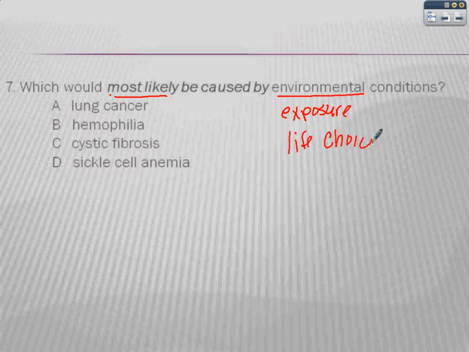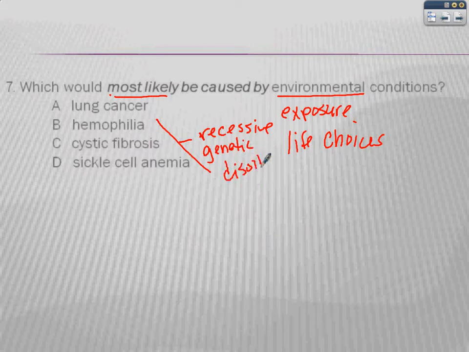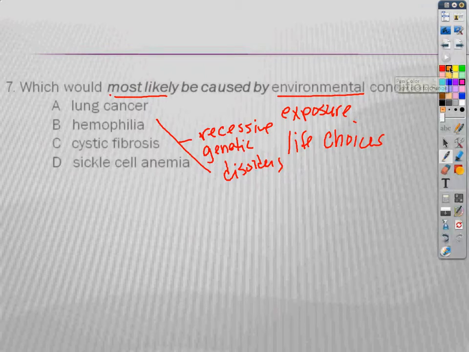Well, if we look at hemophilia, sickle cell, cystic fibrosis, all three of these are recessive genetic disorders. If they're genetic, that means you're born with it. It's on your DNA.